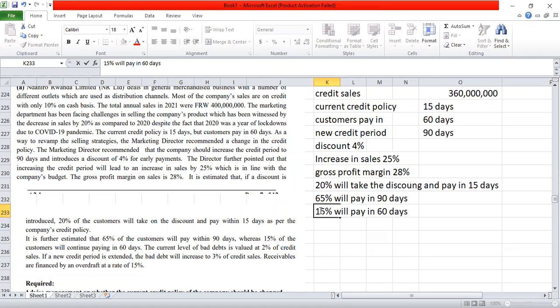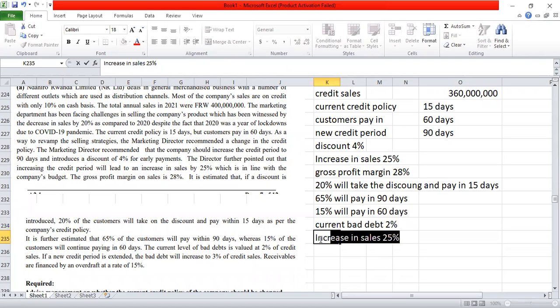The current level of bad debt is 2%, and it will increase to 3%.